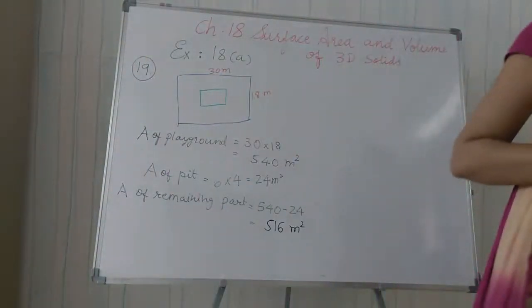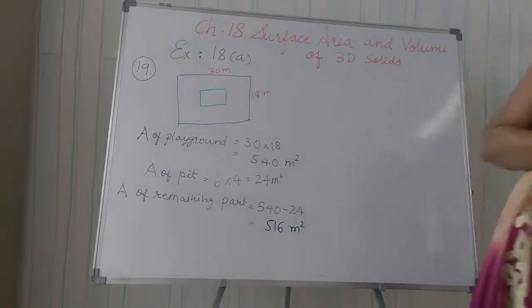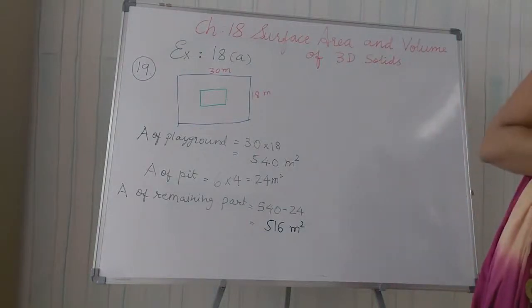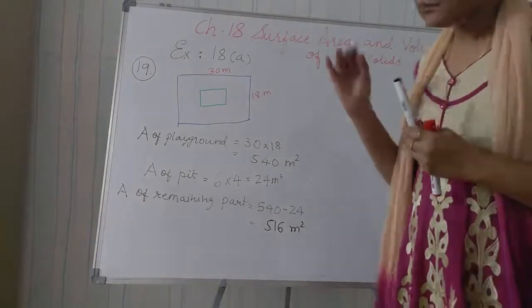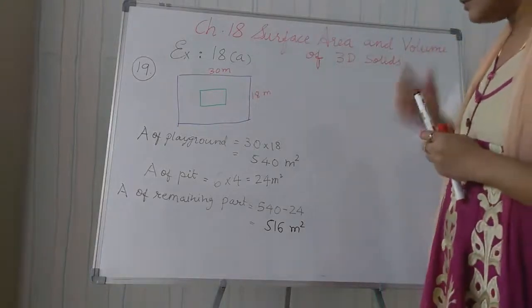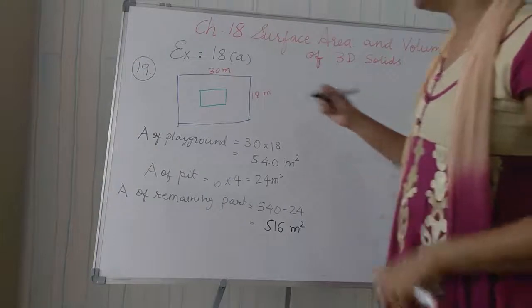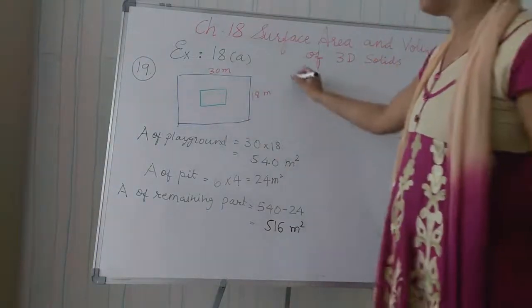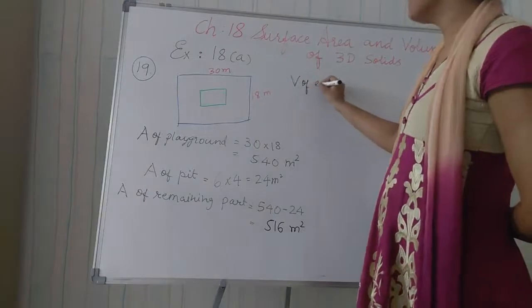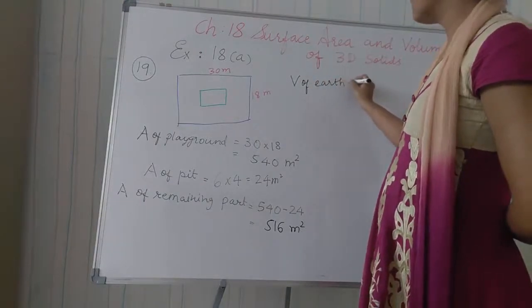Now students, we want to find the height which is raised. What is the height in this part, it will rise. For that we find volume of earth which is dug from the pit.